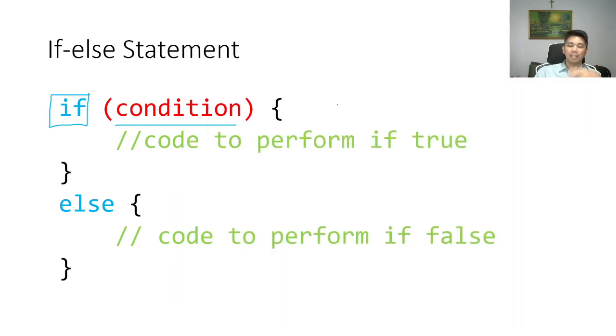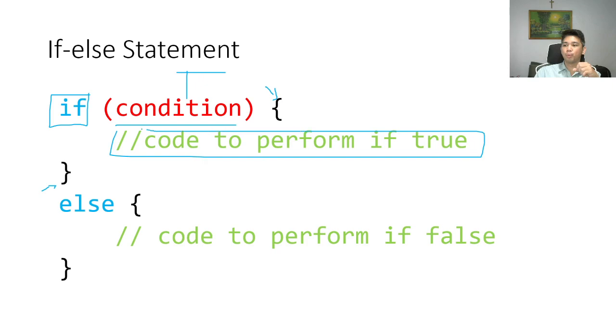Kung ilalagay natin in this context, however many lines we put inside the blocks of an if statement, if our condition is true, all of the codes will be performed as long as they are inside the if block.